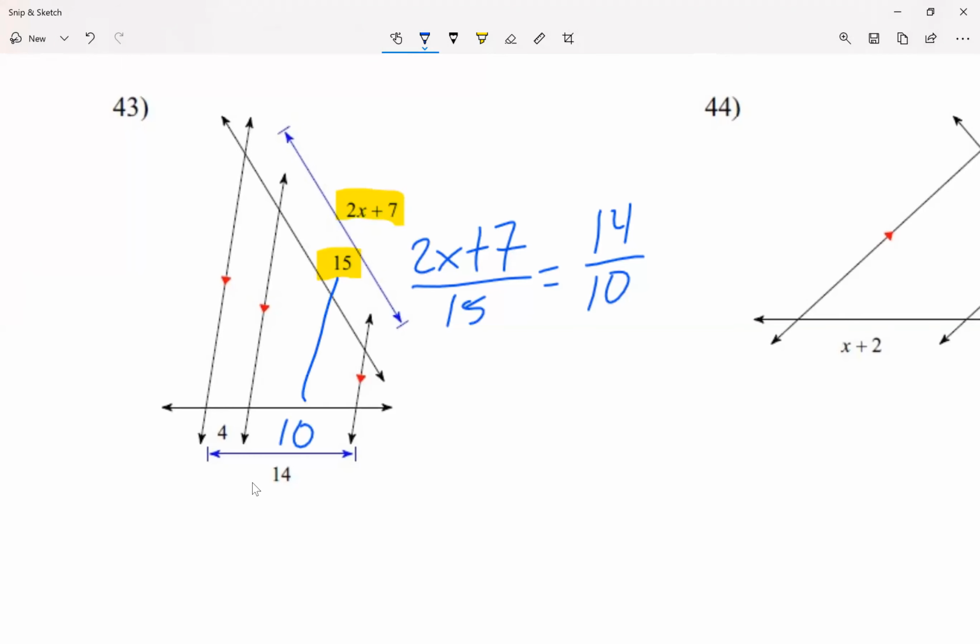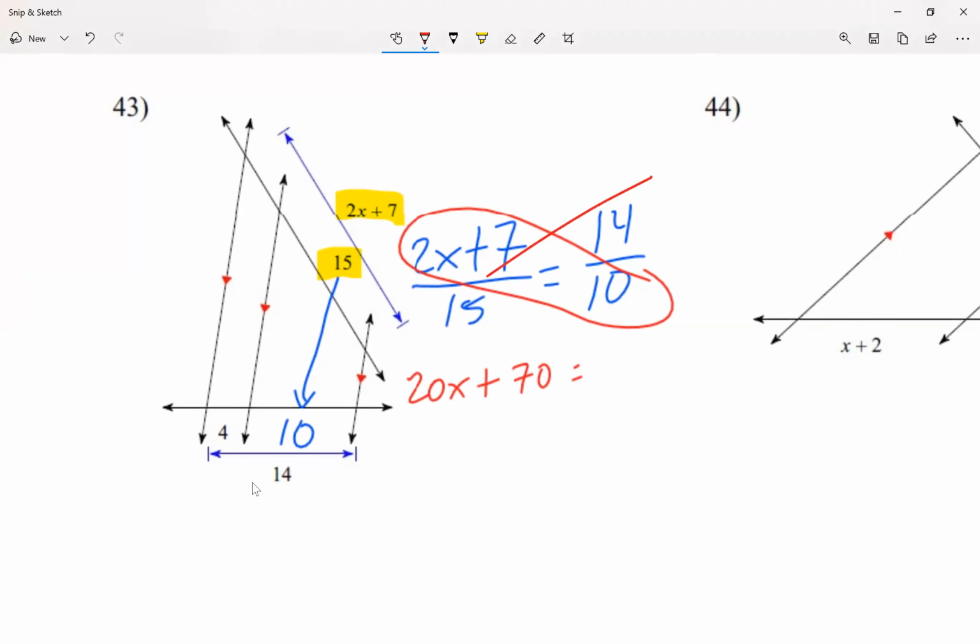If you follow straight, 15 goes with 10. And then just cross multiply. Let me cross multiply this way. That's going to give me 20x plus 70 equals, then I have to go here, 15 times 14. Now I know 15 times 14 is 210.